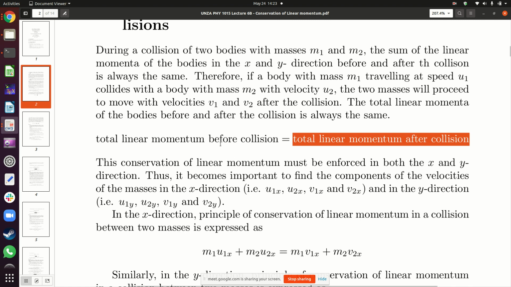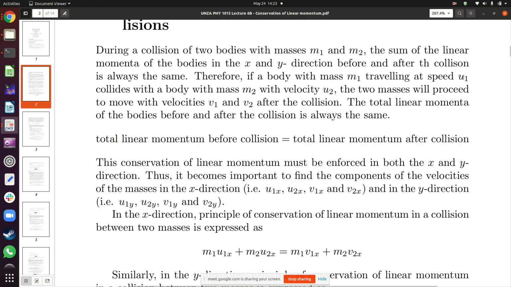You can say the total linear momentum along the x direction before collision and after collision has to be the same. Also, you can extend this to say the total linear momentum along the y direction before collision and after collision has to be the same. So these velocities we have here, u1 and u2, are the velocities of these masses m1 and m2.